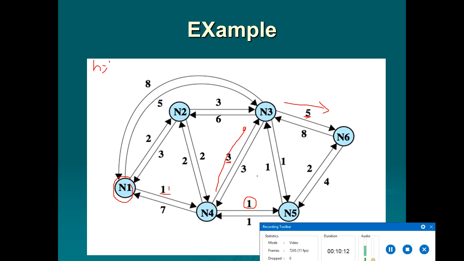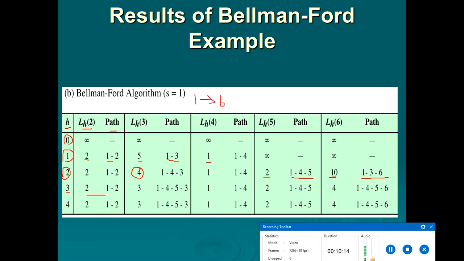So 2 plus 1 is 3, and we have the cost of reaching node 3 as 4, and it was 1-4-3. But with increasing one hop more, the cost gets lowered. So what we will do? We will update our table and we will update the path 1, 4, 5 and 3.